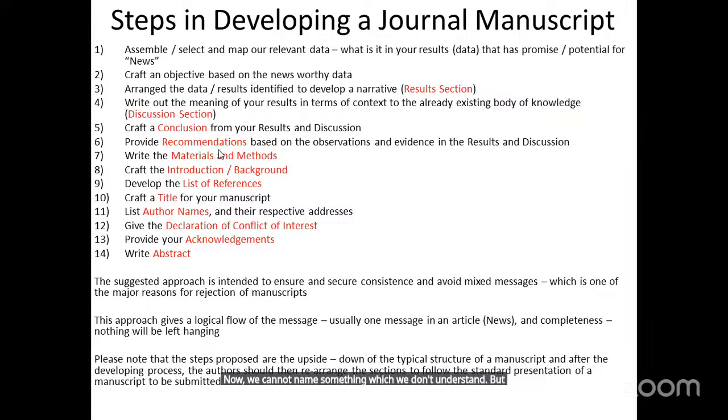But once you have your data, you have your results, you have your discussion section, you have the conclusion, you have the recommendation, you have the materials and methods, you have the background, you have the list of references, then you have a grip on the document. And so now you can give this document a name.